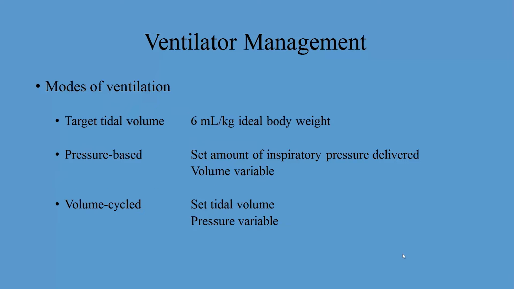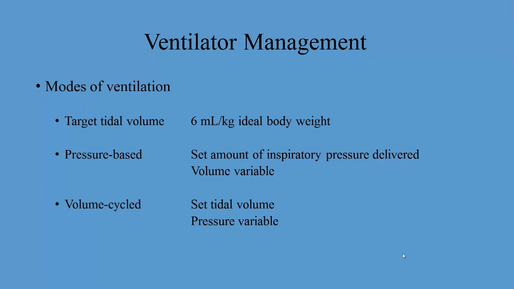Now, the modes of ventilation, we'll talk a little bit about it here, but honestly, it probably doesn't matter, or at least we don't know which mode is the best. No matter what mode we're using, we have the same targets. The 6 milliliters per kilogram ideal body weight is a reasonable starting point for most patients, regardless of what mode you're using.